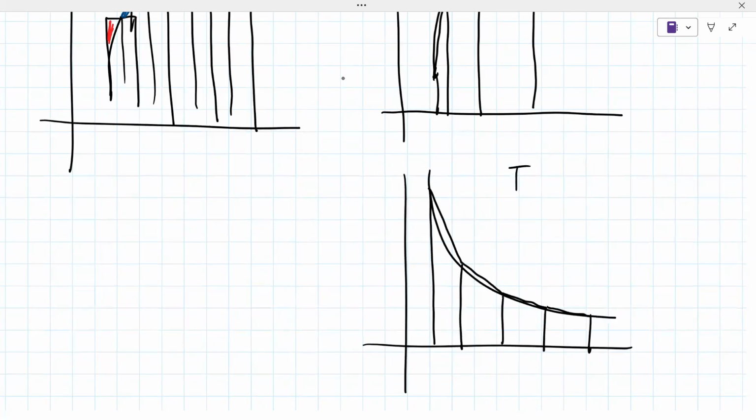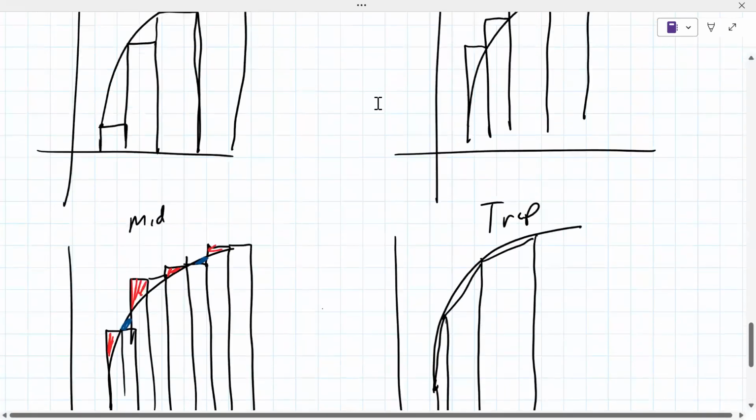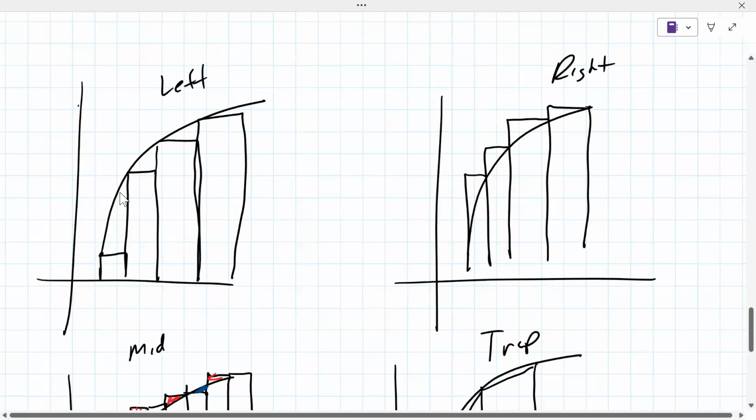So it really depends on, like I said, whether the function is increasing, decreasing, concave up, concave down. It's best to graph it if you can and know an approximate of the graph. But to answer the question, left and right are the worst, typically.